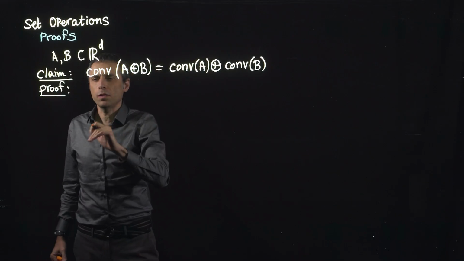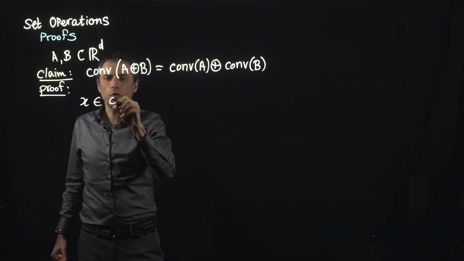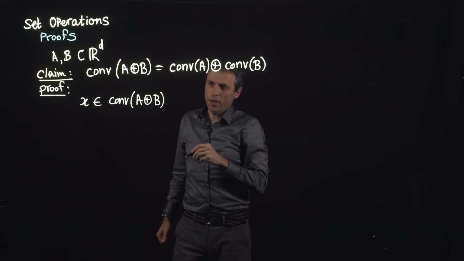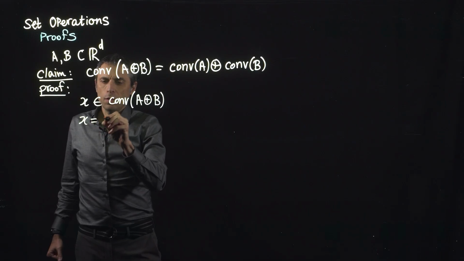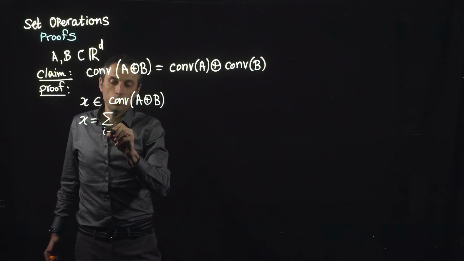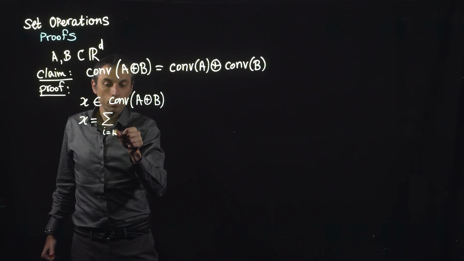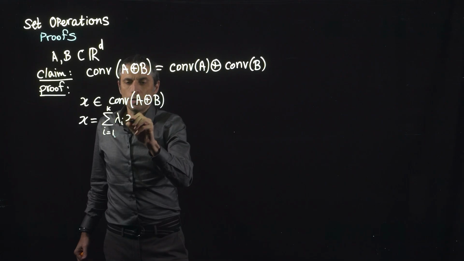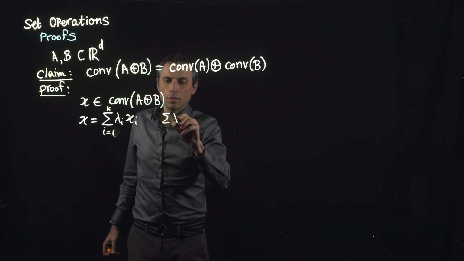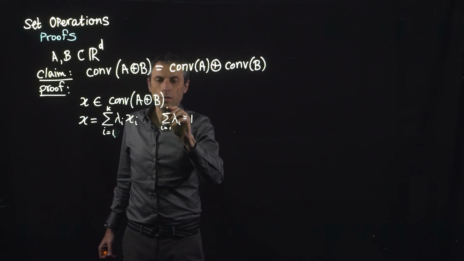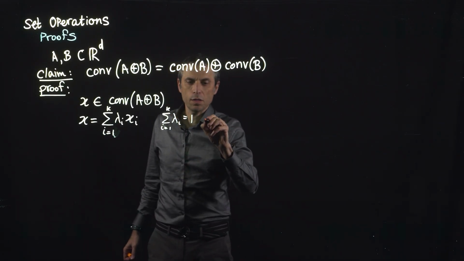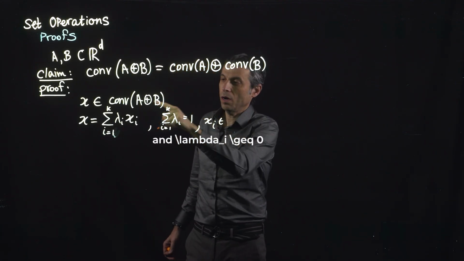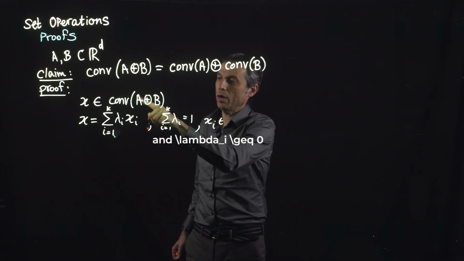Let's start from the first side, where x is some element of the convex hull of A plus B, meaning that x can be expressed as a summation, i from 1 to k, of lambda_i x_i, such that the lambda_i sum to 1, where i goes from 1 to k, so it's a weight, and all the x_i's are in the set A plus B.